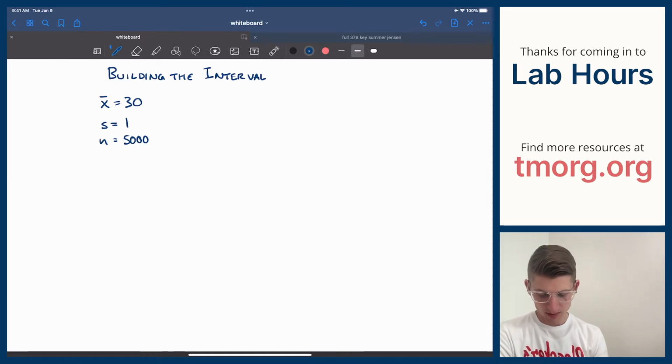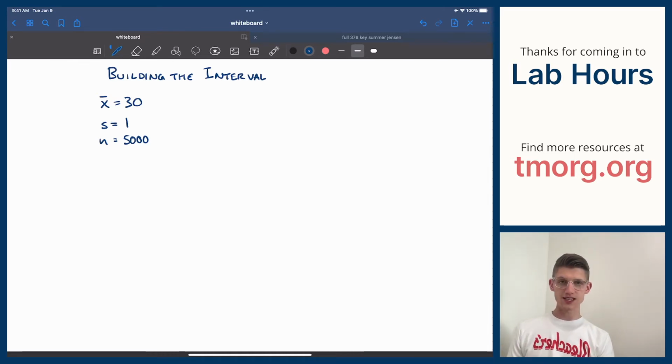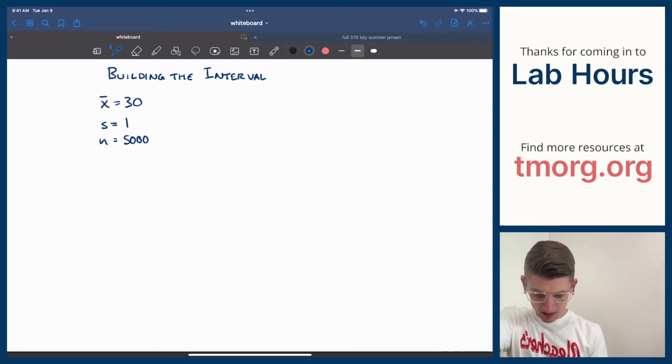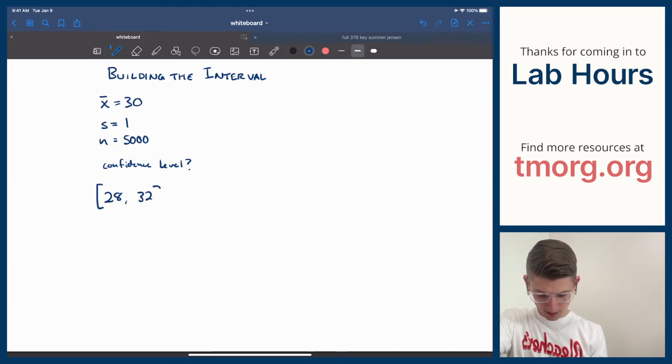They had 5,000 people in their sample, so we're just going to use the z numbers off of the t-table just because that makes it easier, right? And we want to figure out what was the confidence level from their margin, because they gave us 28 and 32.